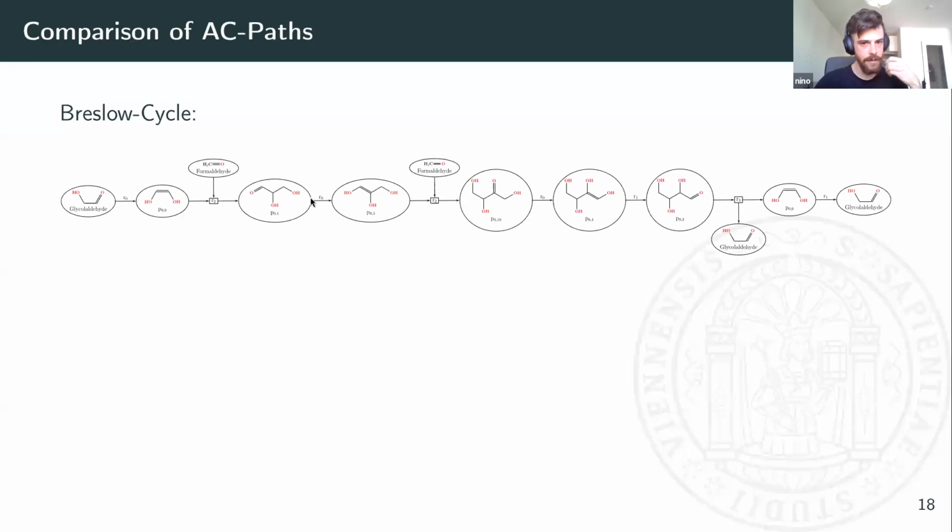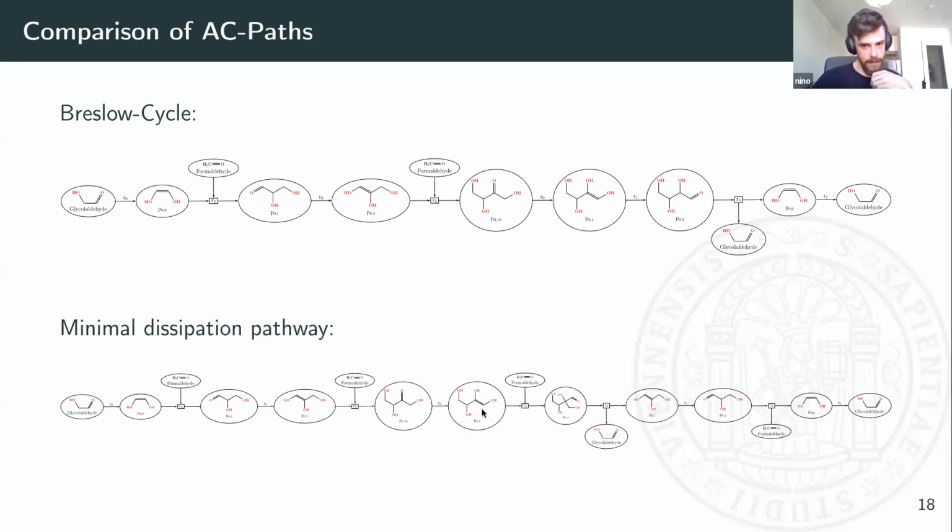representation of the classical Breslow cycle, which takes two formaldehyde and a series of isomerization reactions through keto-enol isomerizations. And then you split off, so you end up in this tetrose sugar that then splits into two glycoaldehyde.